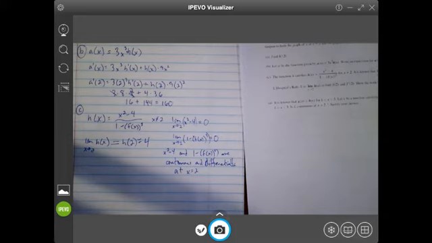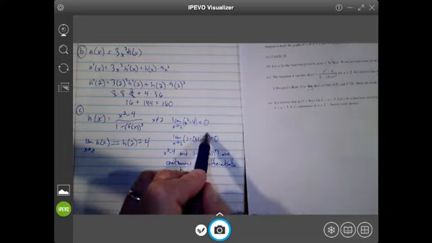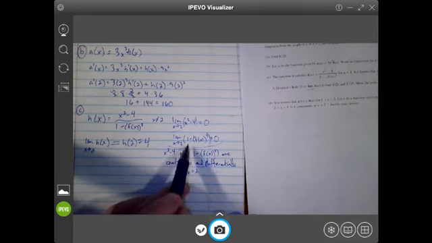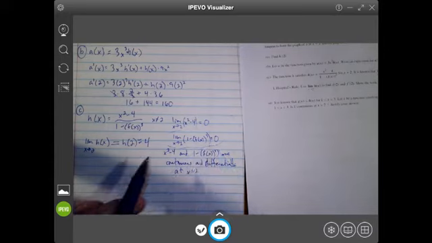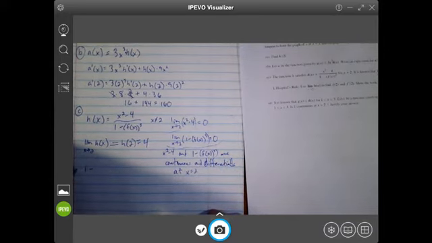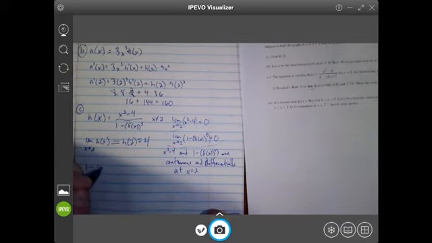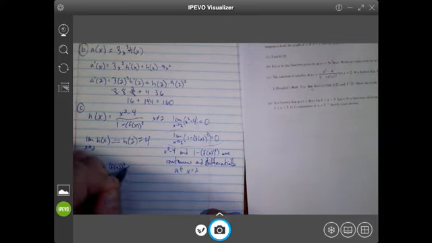Now, a couple of things that we've already talked about. We've talked about how this limit as x approaches 2 of 1 minus f of x cubed is equal to 0. So what does that mean? That means the limit as x approaches 2 of 1 minus the limit as x approaches 2 of f of x quantity cubed is 0.